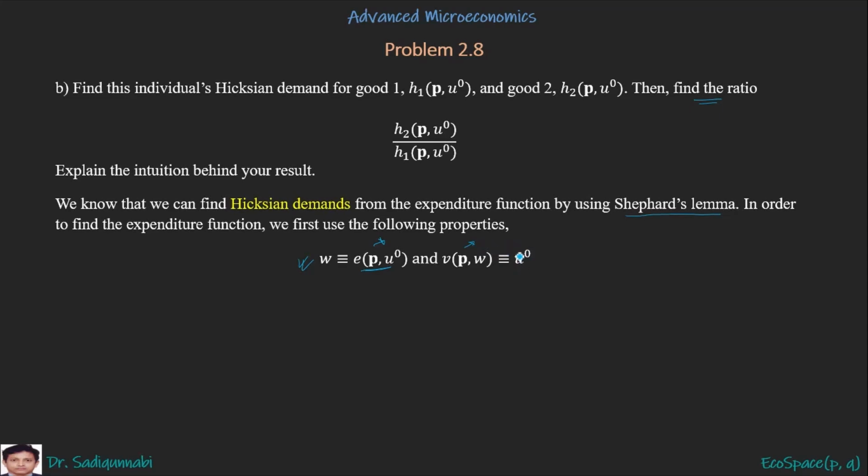W should be equivalent to E(P, U0). This is the relationship between the indirect utility function and the expenditure function through wealth and utility.